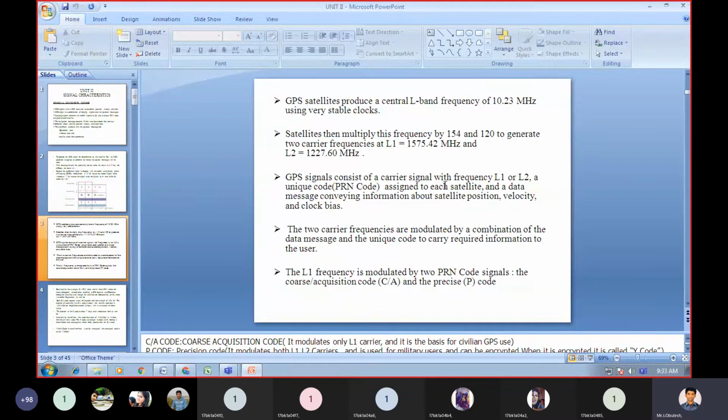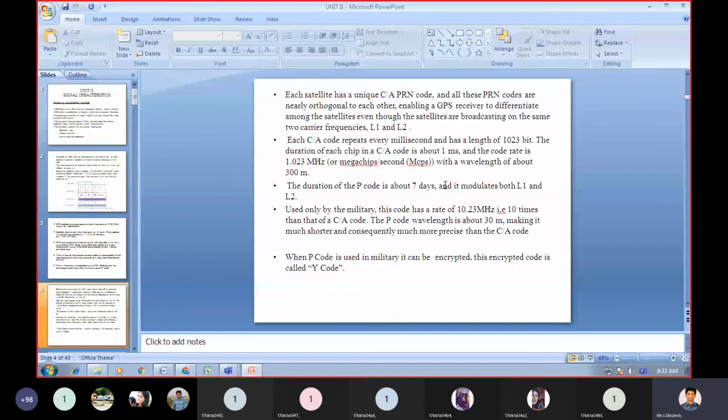If you have the L2 frequency, that L2 frequency is modulated by only one code signal, that is the P code only.